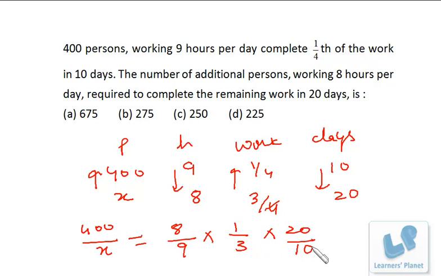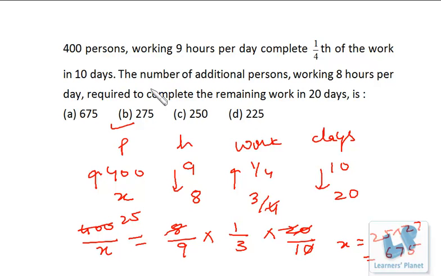Just solve it for X. So X will be 25 into 27, that is 675. Okay, so already 400 persons were there. That means we have to hire 275 more persons.